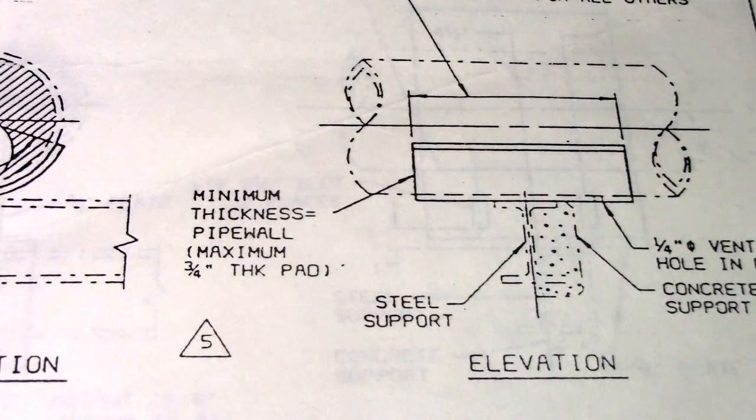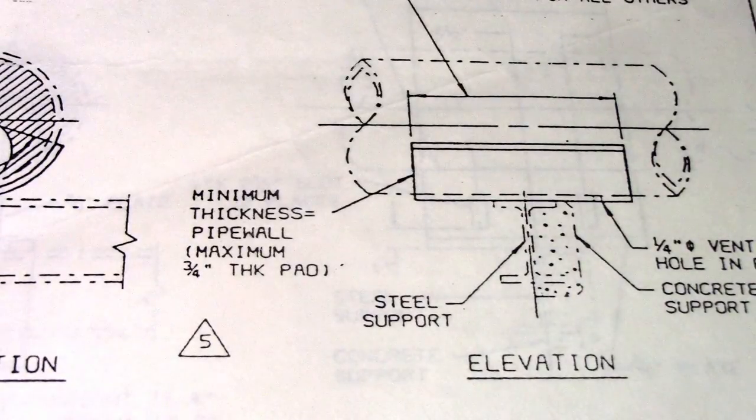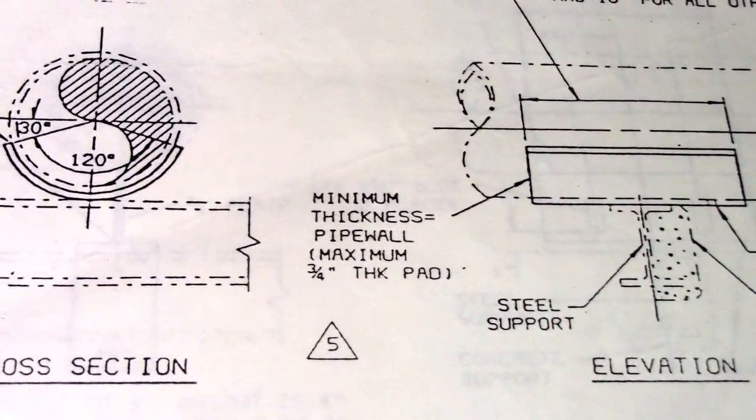Sometimes the symbol there is a pipe shoe. But you cannot see these symbols of a pad. You can see there the pipe shoe, the trunnion, the guide. Okay, they have a lot of supports in piping. So this is the example of the support details.